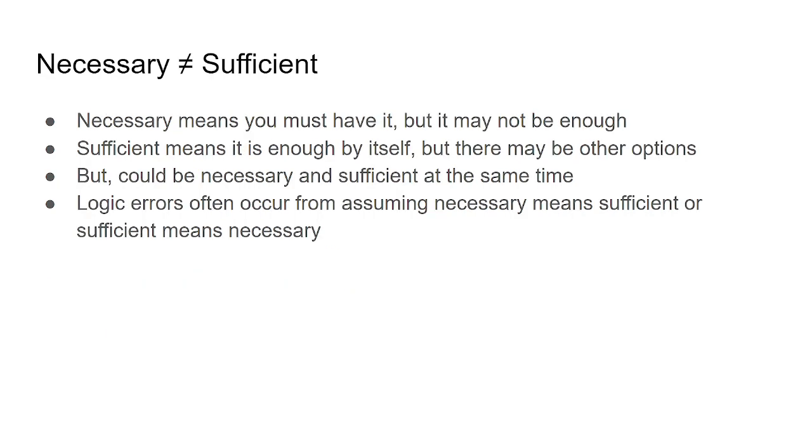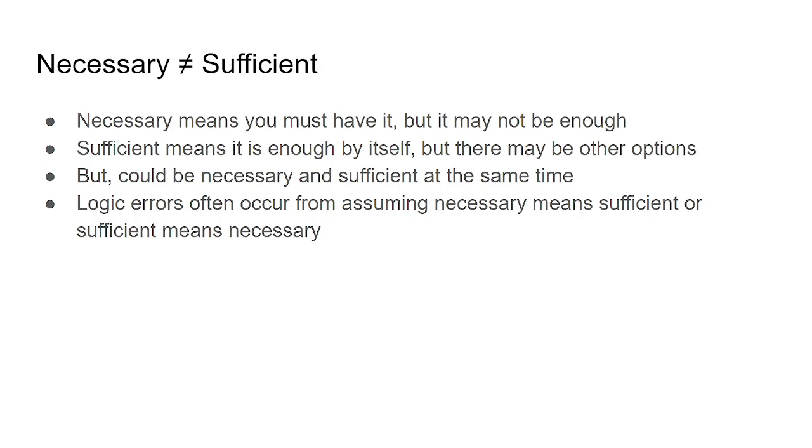Now it's important to understand that necessary and sufficient are related, but they aren't the same thing and they don't have to go together. So necessary means that you have to have it, but it may not be enough on its own. And sufficient means that it's good enough by itself, but there could be other options as well.